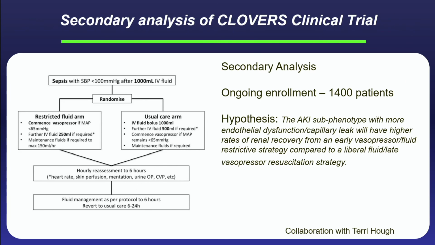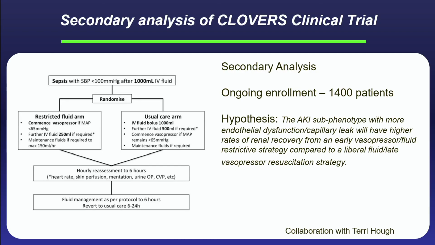The next part is future work that we're doing. We're working with the CLOVERS randomized controlled trial, a trial that is ongoing. It has enrolled 1,400 patients, and it's randomizing patients with septic shock to early vasopressor therapy or continued IV crystalloid therapy and then late vasopressors.